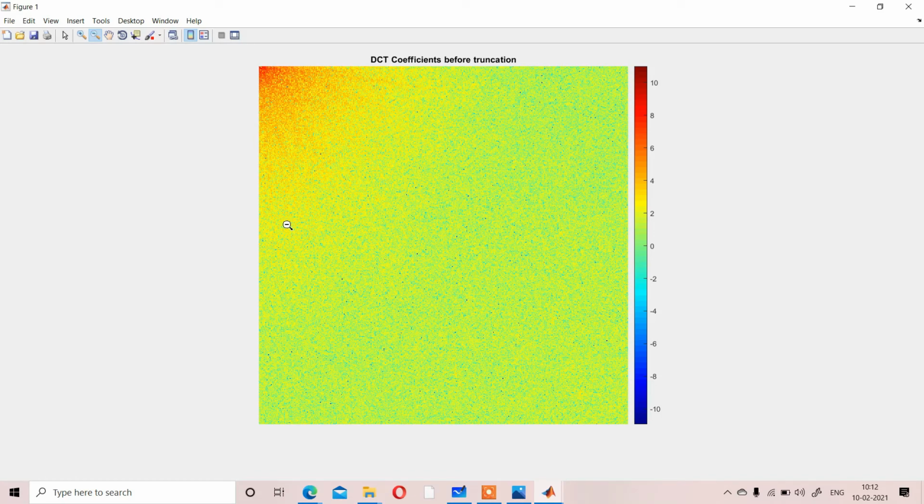Okay, so overall, if we check the coefficient structure, in the leftmost side you can see the maximum intensity levels. The reddish part means the maximum intensity level, and it is in the leftmost part.